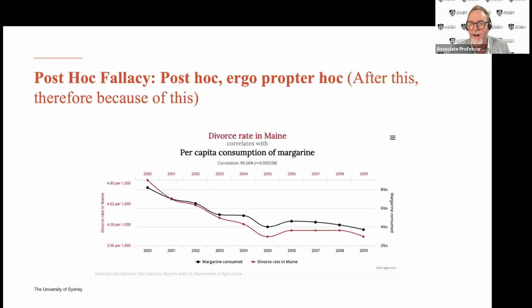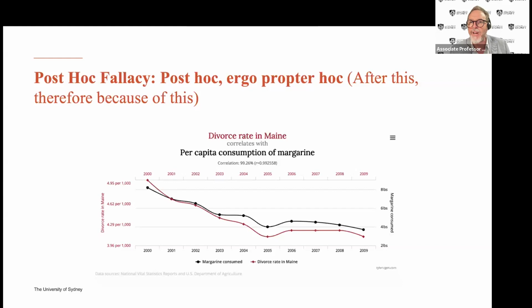So this is a funny graph. This is from the website Spurious Correlations, showing that for these years, the divorce rate in the United States state of Maine was very closely correlated with the amount of margarine that was eaten per person in that state.